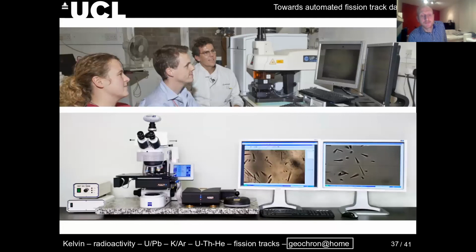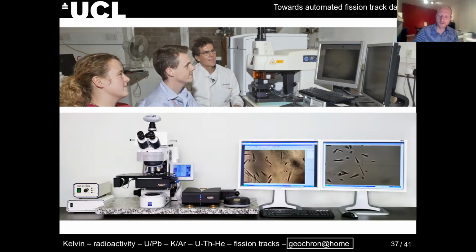Great progress has been made in recent years in automating the acquisition of fission track imagery using digital microscopes, and attempts have been made to automate the counting of fission tracks by artificial intelligence, but those efforts have had mixed and limited success because fission track counting is not so easy.